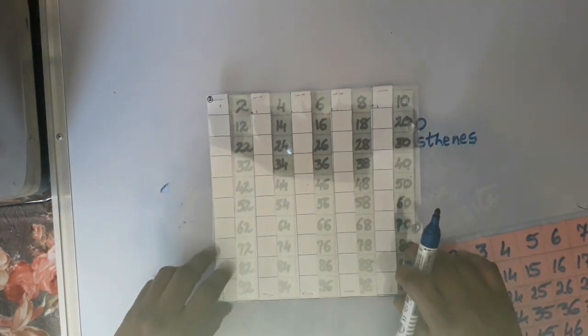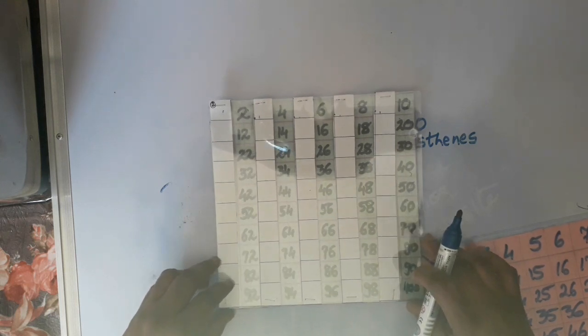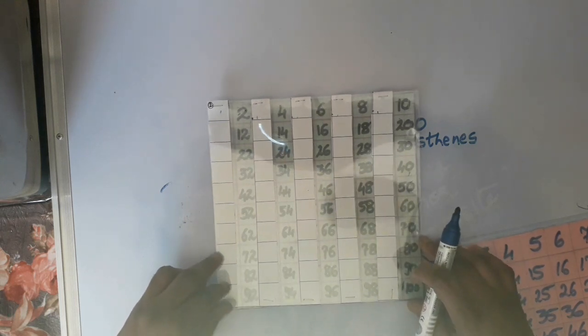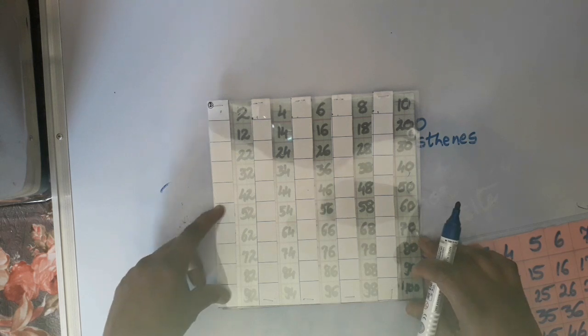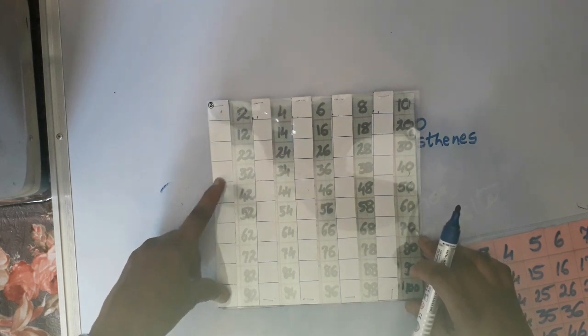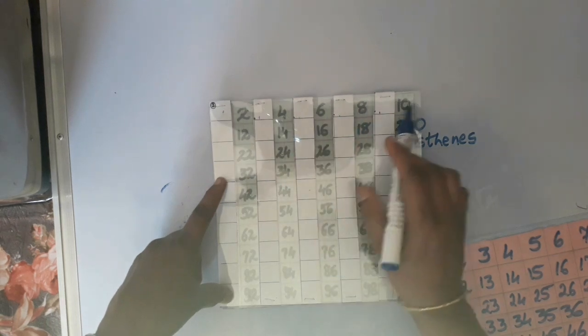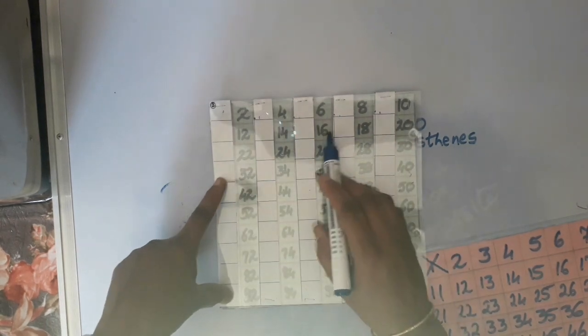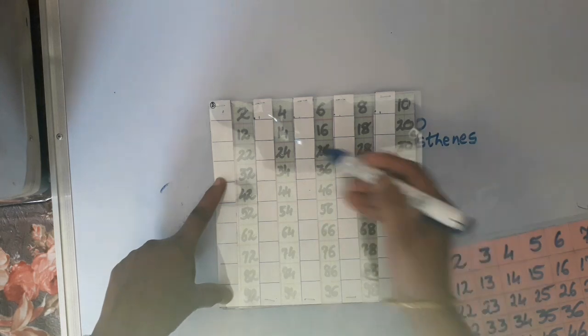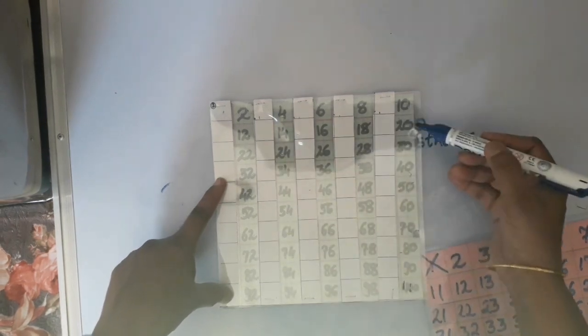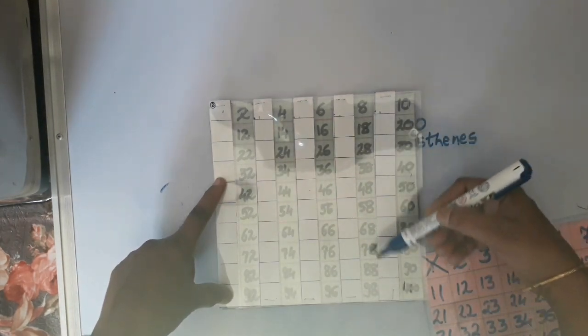Here you can see, observe this grid properly. Some of the numbers are covered, whereas some of the numbers are left out. The numbers you can read out as 2, 4, 6, 8, 10, 12, 14, 16, 18, 20 and so on. So these are all even numbers.